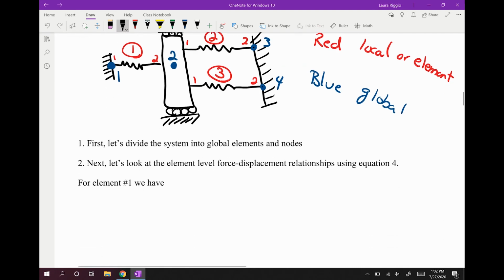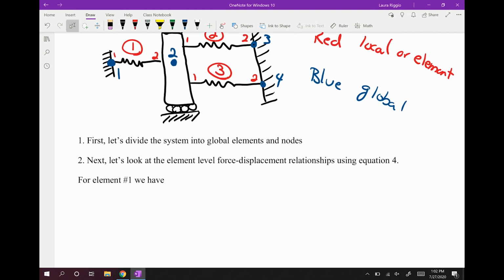So next we're going to look at the force relationship for each spring on the element level. So I'm only looking at each individual spring.